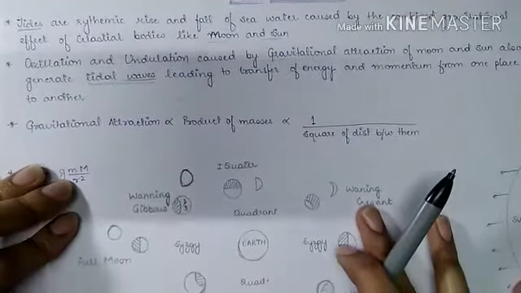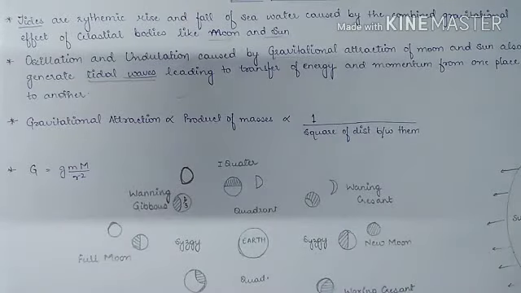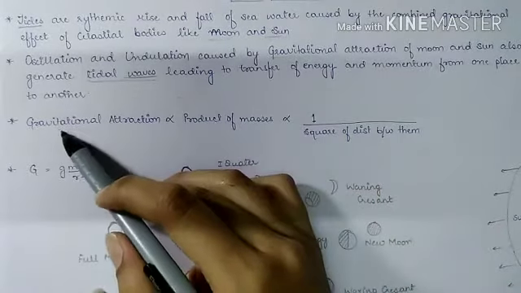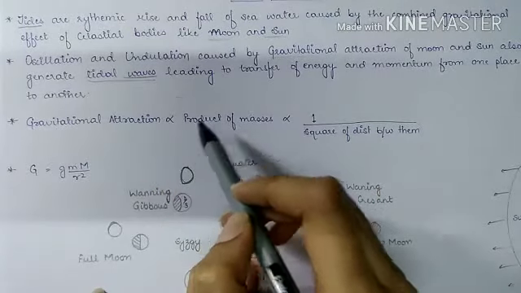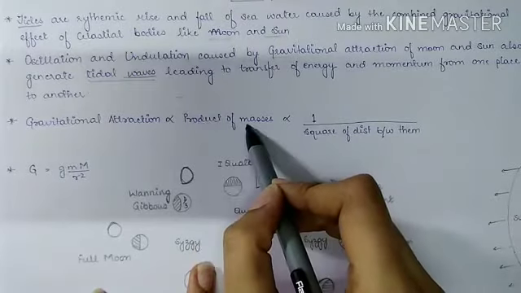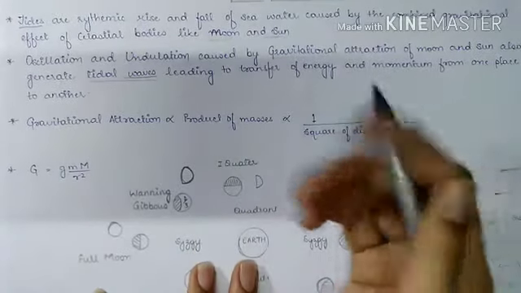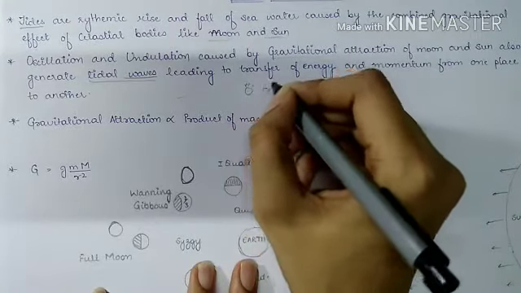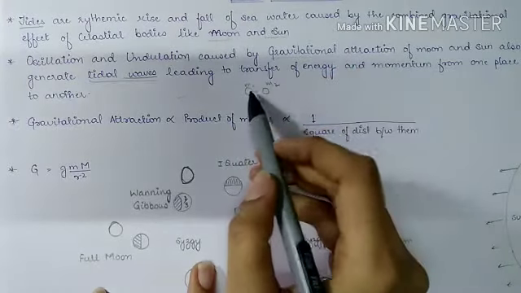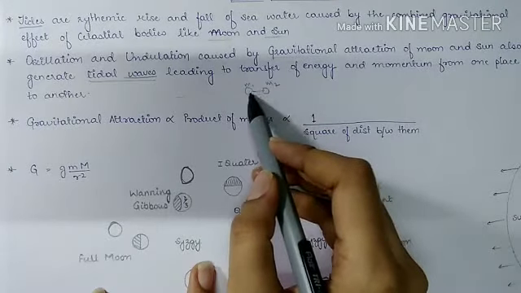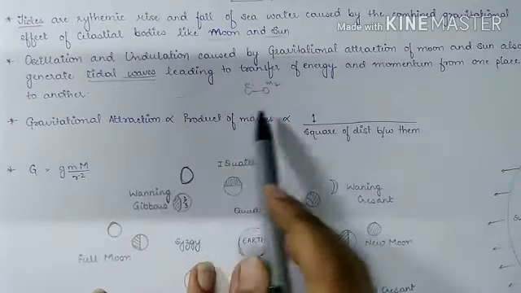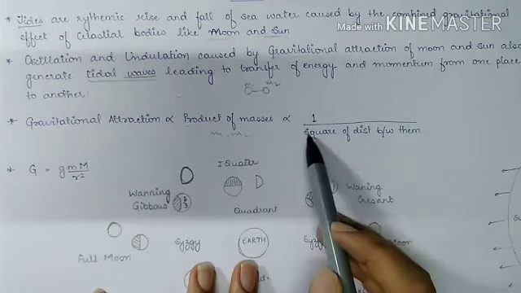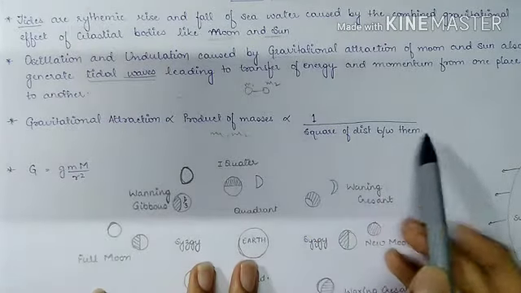Now, the impact of gravitational attraction is proportional to the product of masses. If we have two bodies having masses m1 and m2, the product of their masses is m1 m2, and it is inversely proportional to the square of the distance between them.